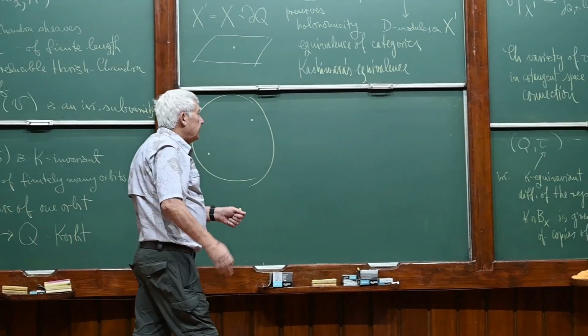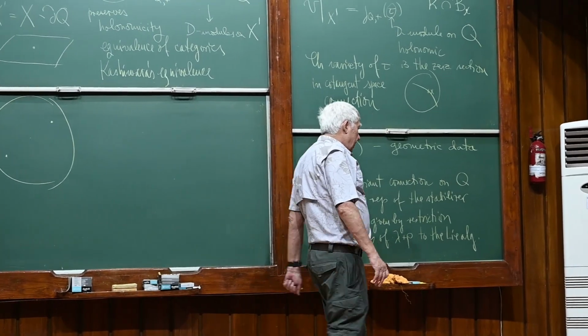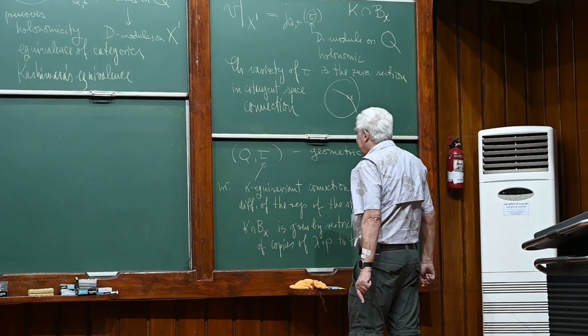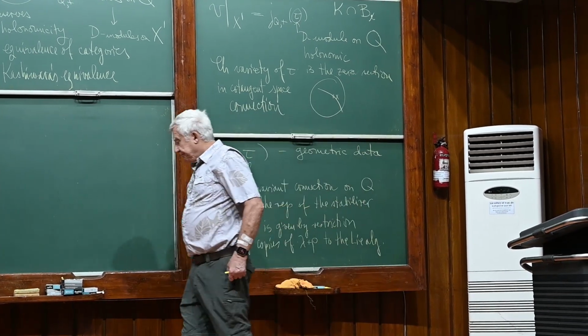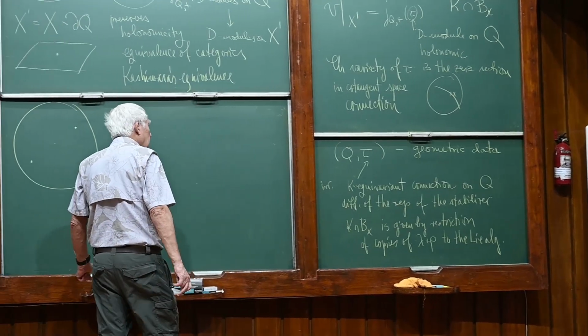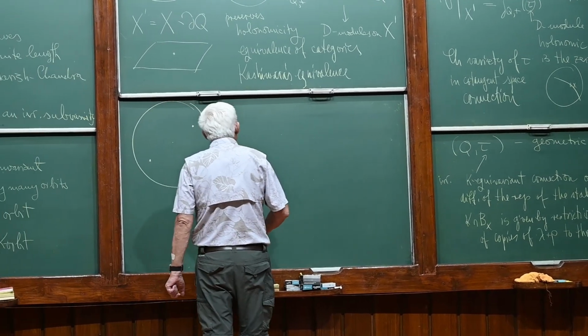Okay, but how to get to our irreducibles? If I have this set of geometric data, I could do the following.